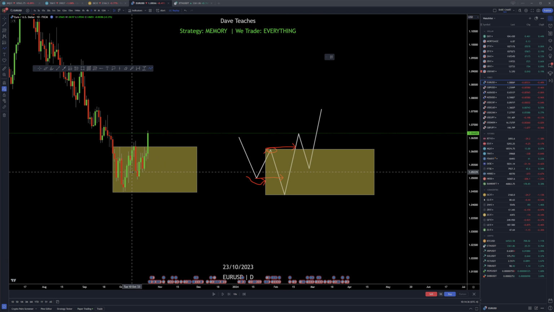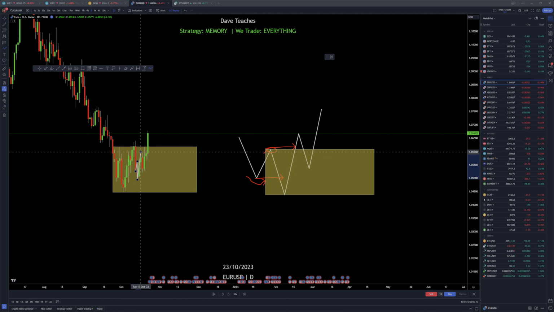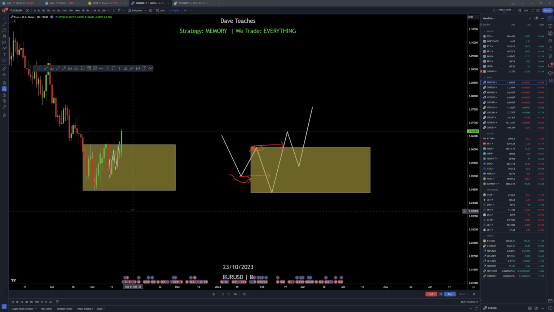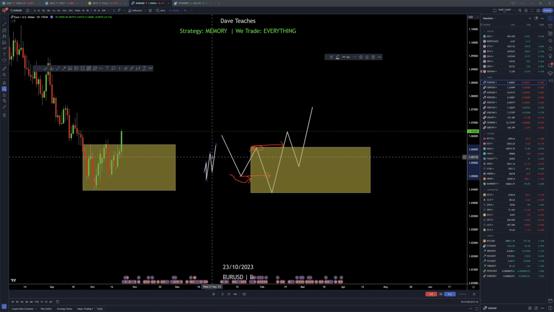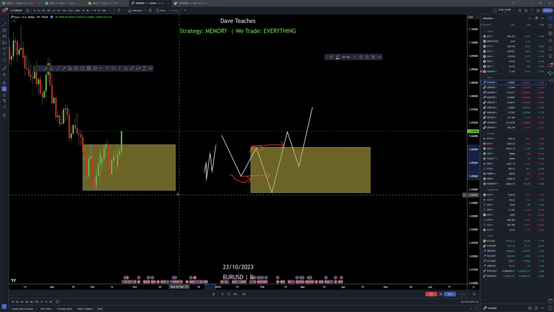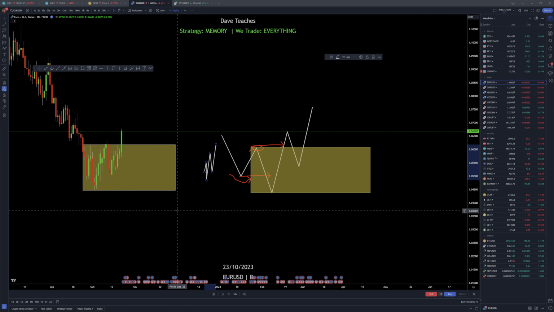Since this is the daily, you see a lower time frame flip that happens inside of that daily zone. So more than likely this is a 4-hour flip, or maybe a 15-minute flip. You're going to see it on structure on the 4-hour or structure on the 15-minute, but it's still facilitating the higher time frame flip that occurred.